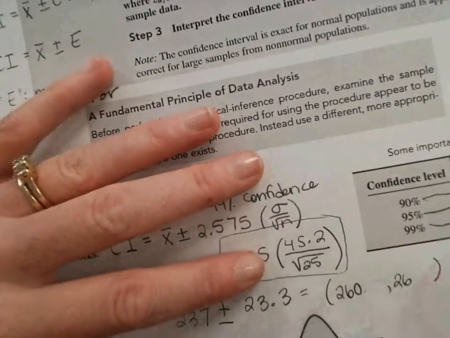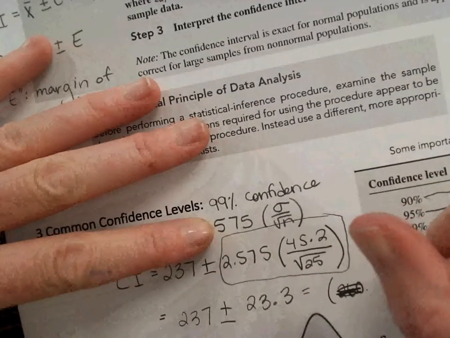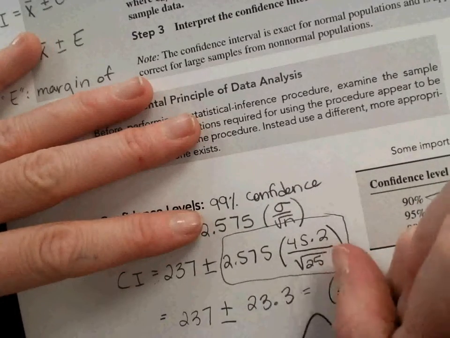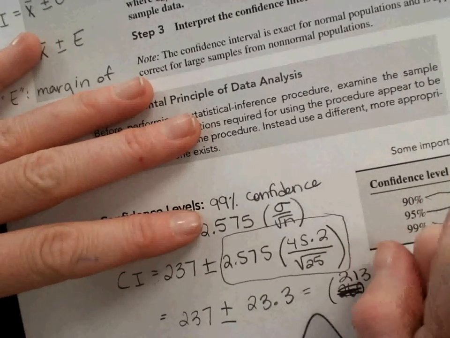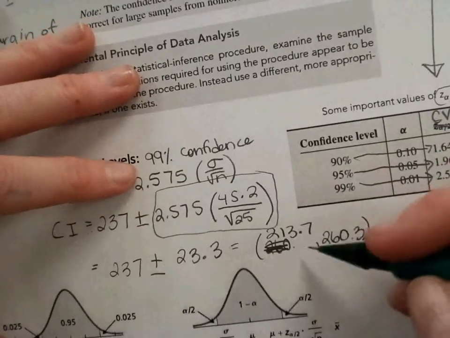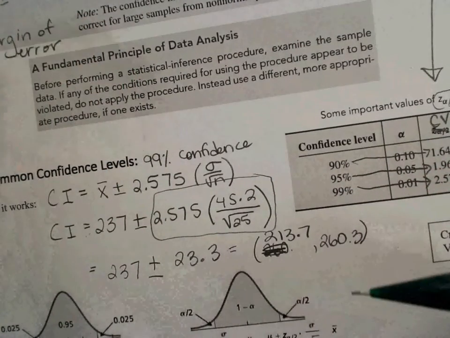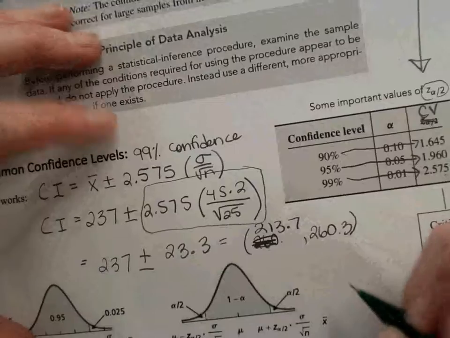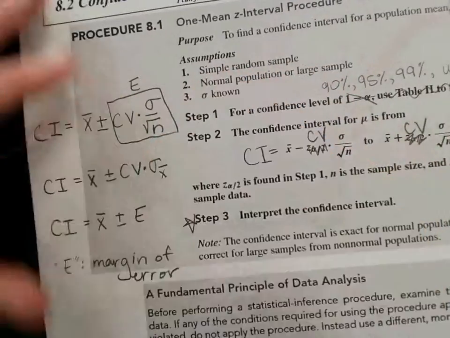So it's 260.3 for adding, and then for subtracting it's 213.7. Okay, good. And make sure that you put the smaller number on the left side of the parentheses and the larger number on the right-hand side, lower bound and then upper bound. Thanks, Gwen. Last step is, don't forget it, interpret the confidence interval.